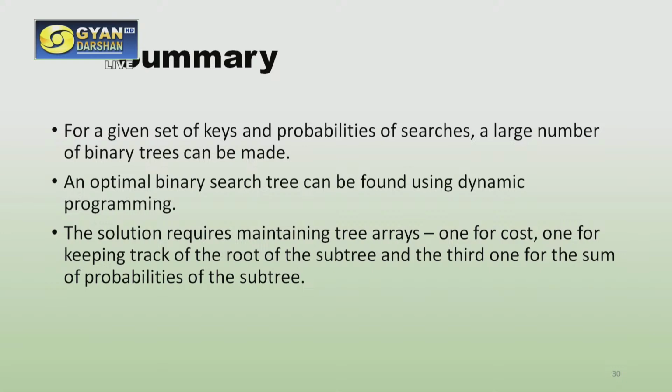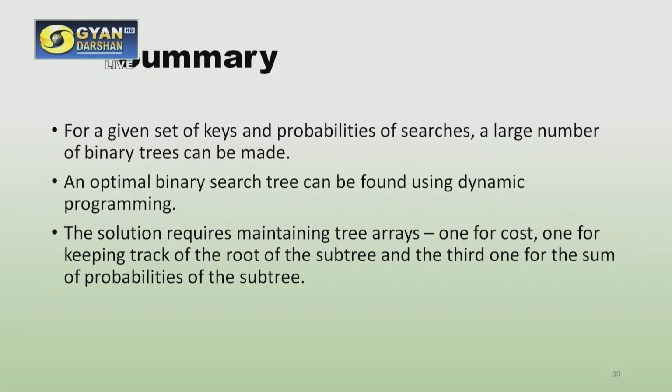So let me try to summarize what we have covered in this entire example. For a given set of keys and probabilities of searches, a large number of binary trees can be made. Okay, we know that there are large numbers. An optimal binary search tree can be found using dynamic programming.